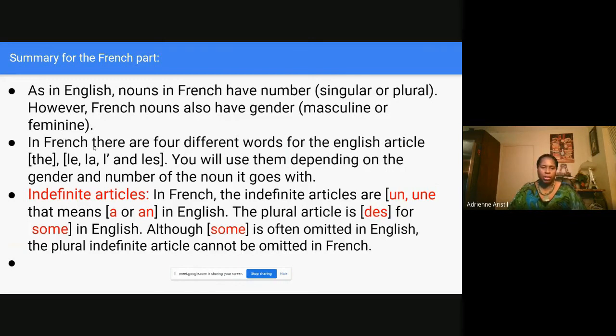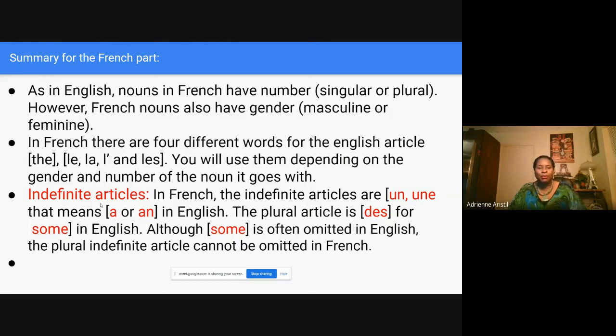In French, there are 4 different words for the English article the: le, la, l'apostrophe, and les. You will use them depending on the gender and number of the noun it goes with.